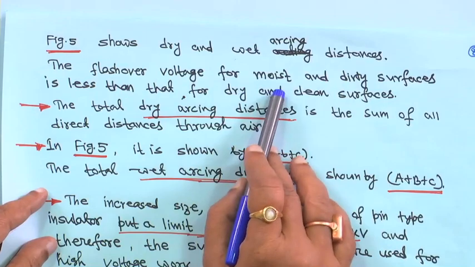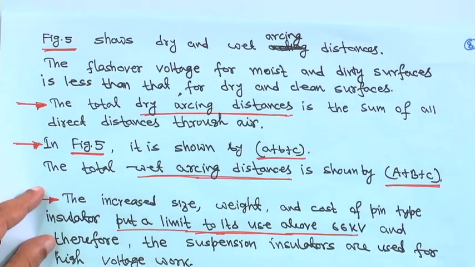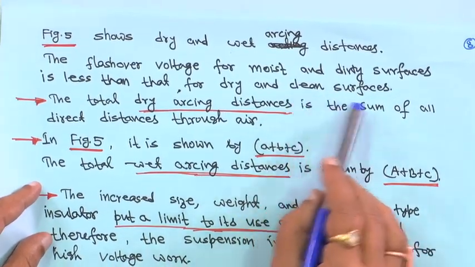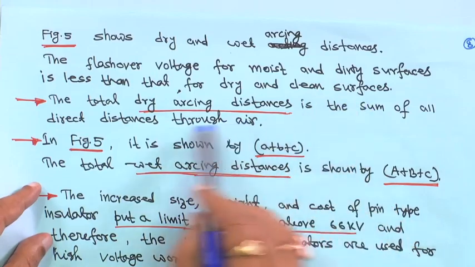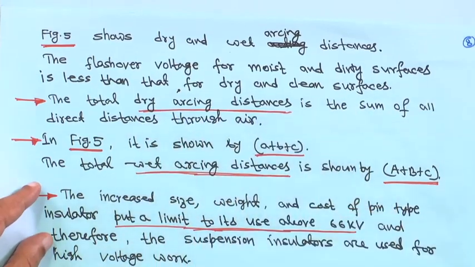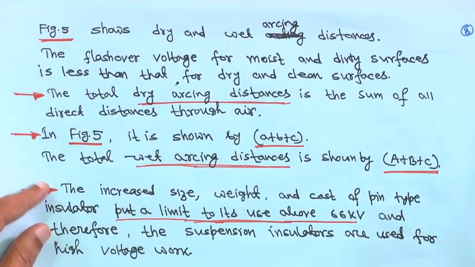The flashover voltage for moist and dirty surfaces is less than that of dry and clean surfaces, right. The total dry arcing distance is the sum of all direct distances through air.